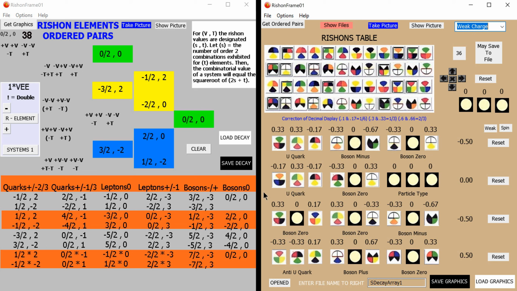And if we look up here at the spin 1/2, the right-handed U quark, then we'll see that now we have on the V rishon a -1/6, and we also have a -1/6 on a T rishon, combining for a -1/3, and then we have a +1/3 on the T rishon, and the sum of these will give you 0, so that the weak charge on the right-handed U quark would be 0, as indicated by the standard model.